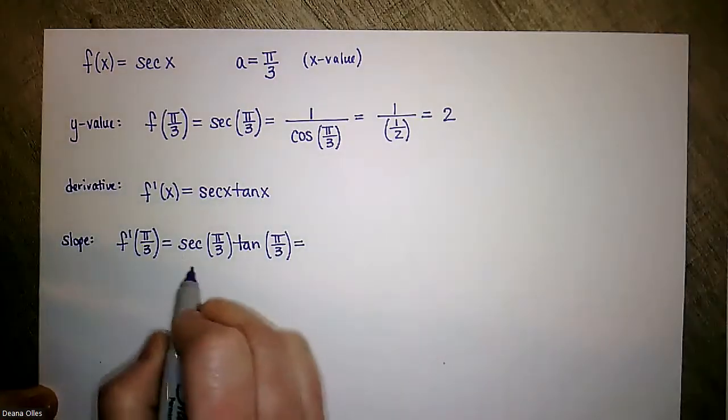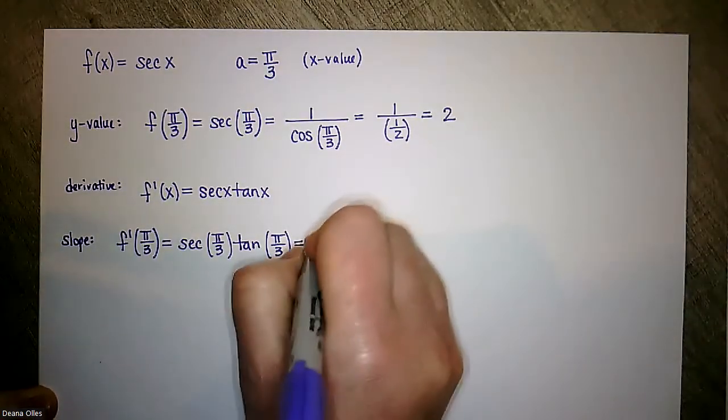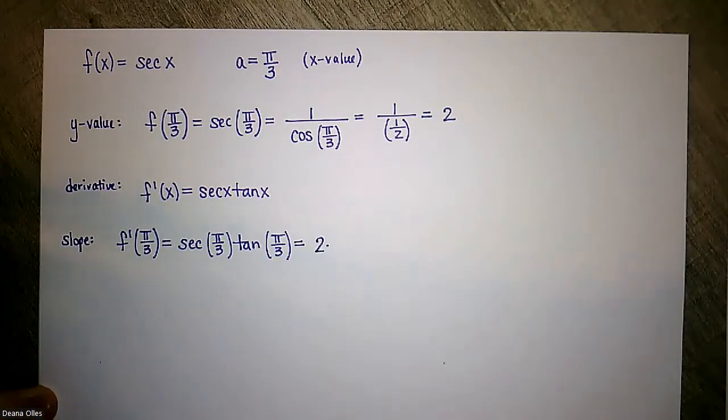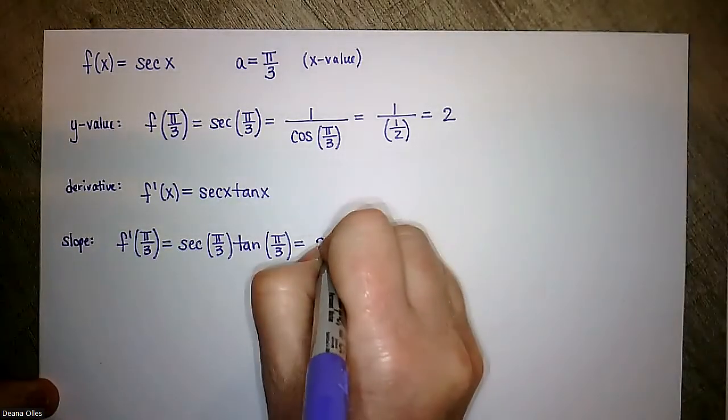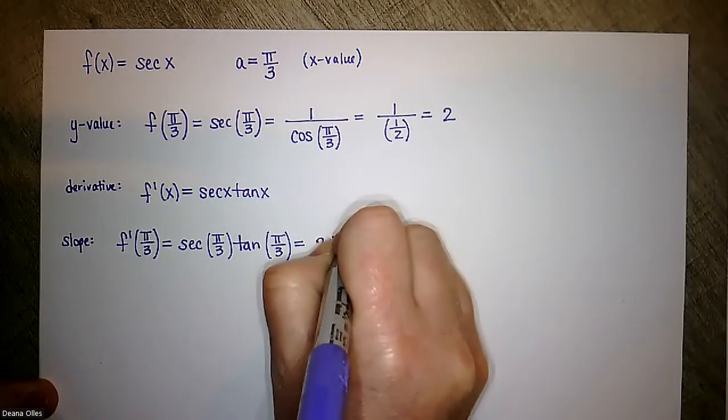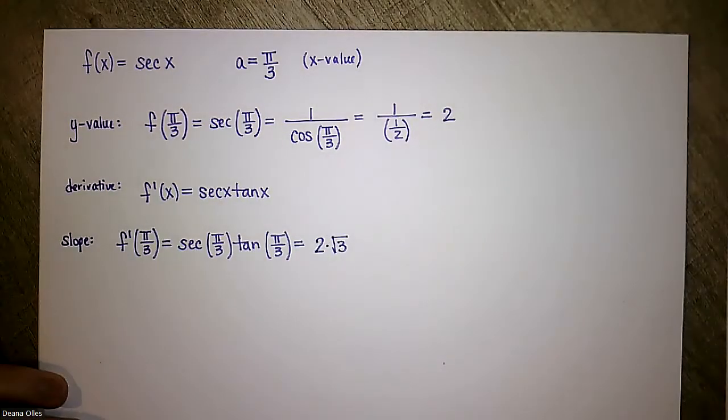Again, I already figured out the secant of pi over 3. Now the tangent of pi over 3, whether you go to the unit circle, the right triangle trigonometry, or the tables, it does not matter. But the tangent of pi over 3 will be radical 3. So that's my slope, 2 radical 3.